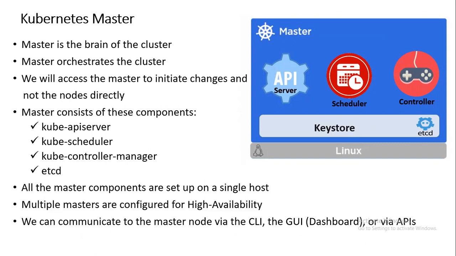And then the next component, called the controller, will start its work. The duty of the controller is to check what content you have stored in the key store as a desired state and what is exactly available in your cluster as the actual state. So it will try to check the difference.